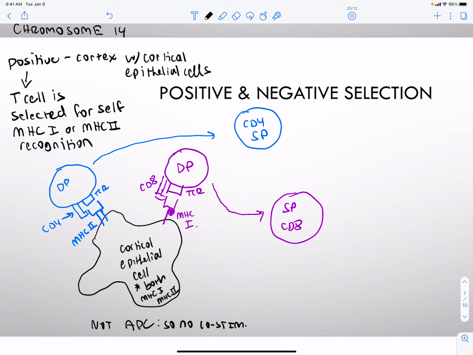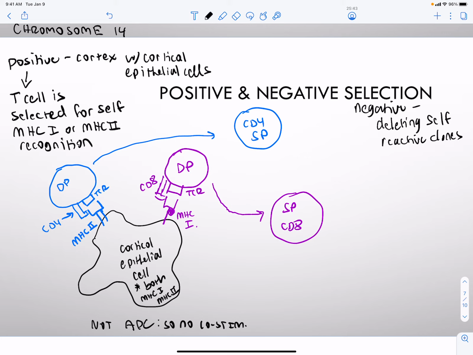So over here we have negative selection. And negative selection is deleting self-reactive clones. So now that they can respond to MHC, self-MHC, now your body has to make sure, well, that's great that you can see MHC molecules, but now we don't want you to attack yourself.